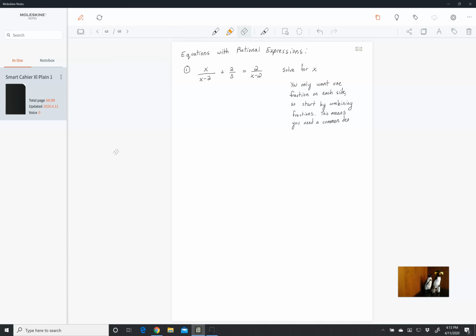And you'll see why in a couple of steps that come after this. So this means you need a common denominator for every fraction in the equation, not just the fractions on one side.